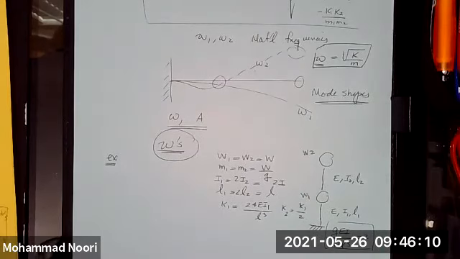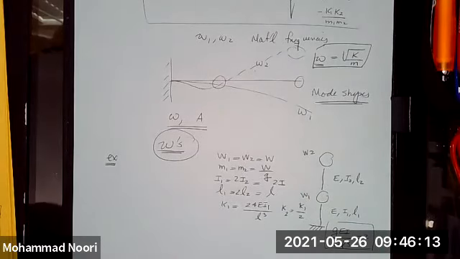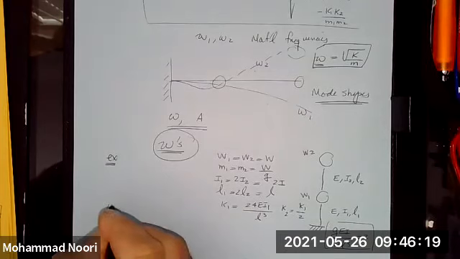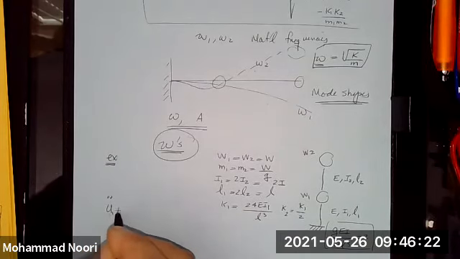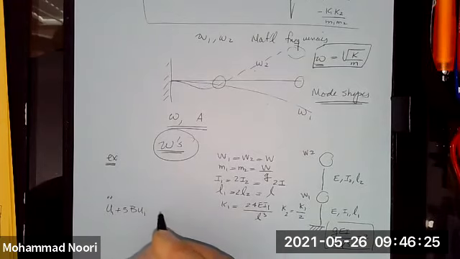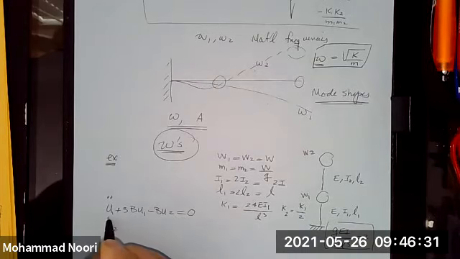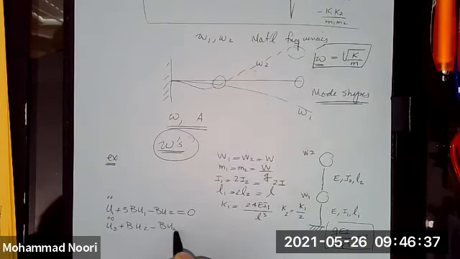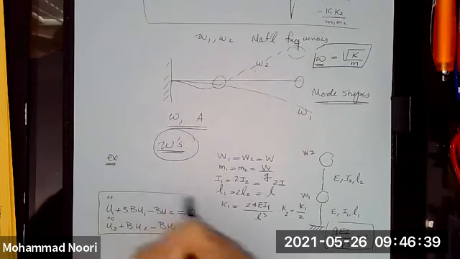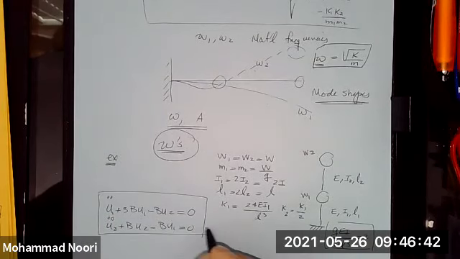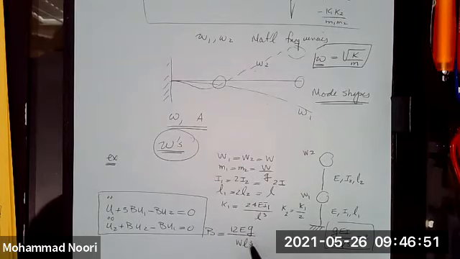You get U1 double dot plus 3B U1 minus B U2 is equal to 0, and U2 double dot plus B U2 minus B U1 is equal to 0. These would be the equations of motion, where B is 12 EI g over W L cubed.